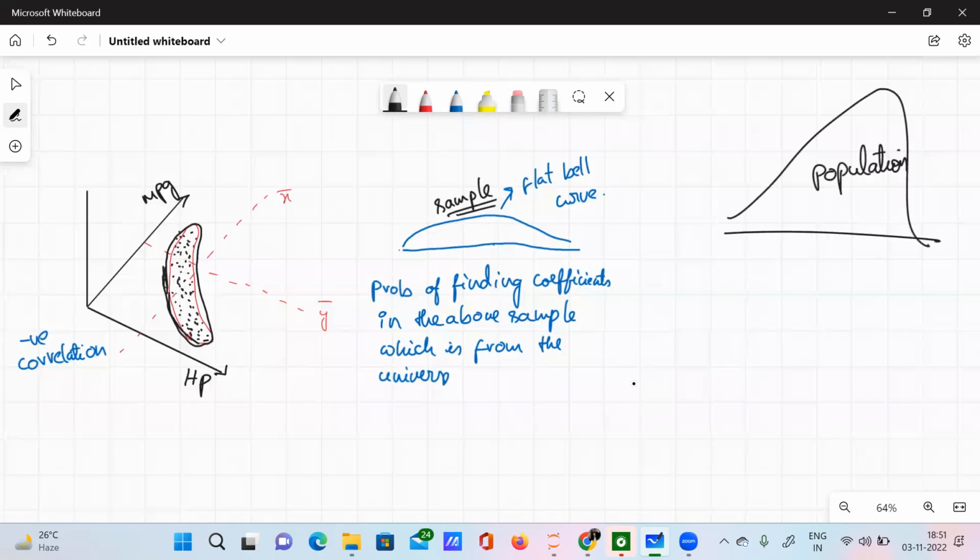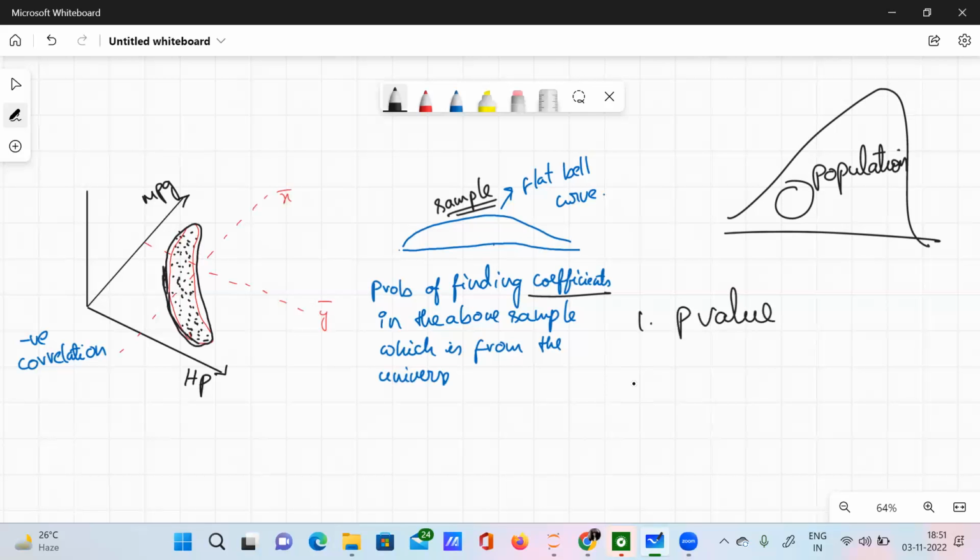So after finding that this has some negative correlation, I want to know the probability of finding the coefficients in the above sample which is drawn from the universe. I want to know whether this particular population has the coefficients or not. For that, we need to rely upon the p-values here.